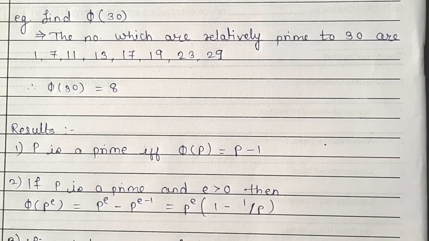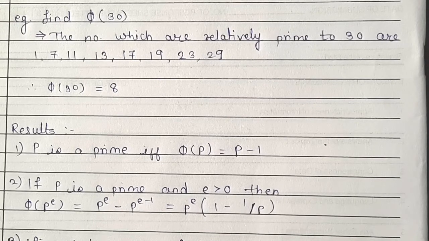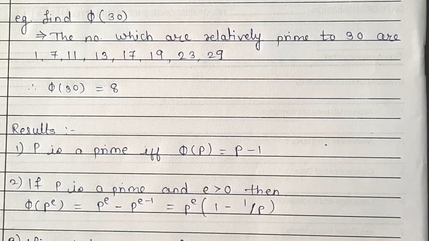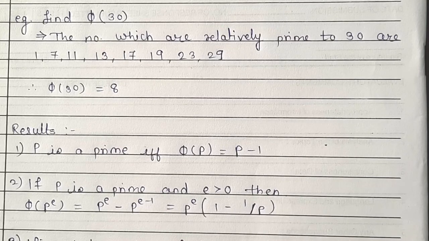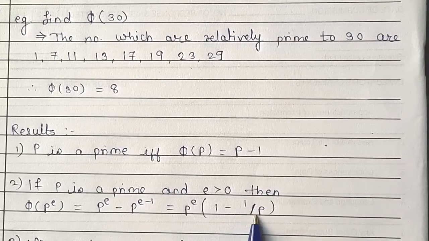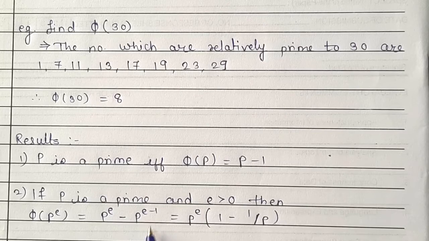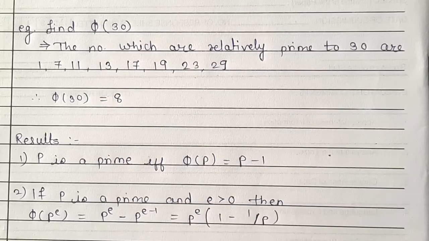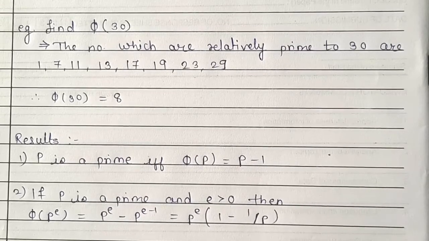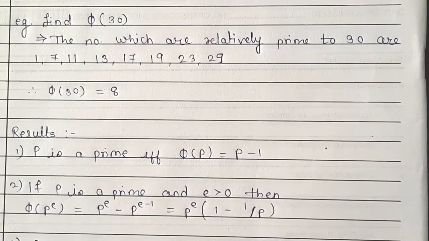Second result is if P is a prime and E greater than 0, then phi of P raised to E is equal to P raised to E minus P raised to E minus 1, which, if we take P raised to E common, we write P raised to E times 1 minus 1 upon P. Here, if we split P raised to E minus 1, we write P raised to E into P raised to minus 1. So P raised to minus 1 is nothing but 1 upon P. Okay, so that's what we write here.